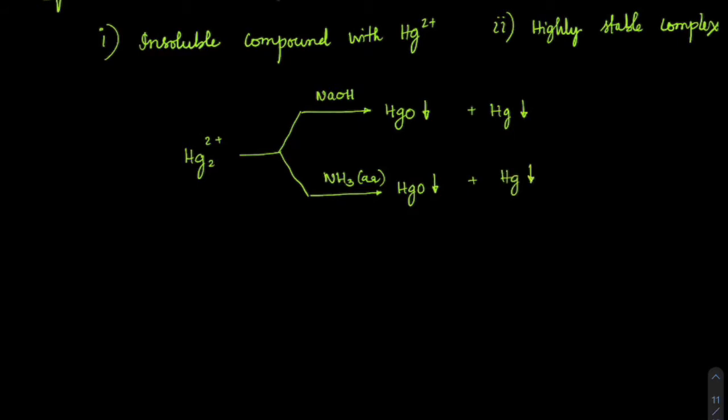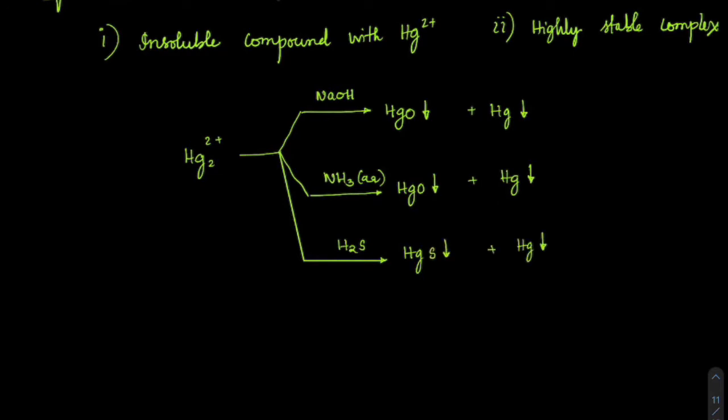because Hg2+ will react with water more than ammonia, because it will make a very stable complex, very stable precipitate. Okay. Along with that, if you treat that with H2S, H2S will definitely form HgS precipitate plus Hg.